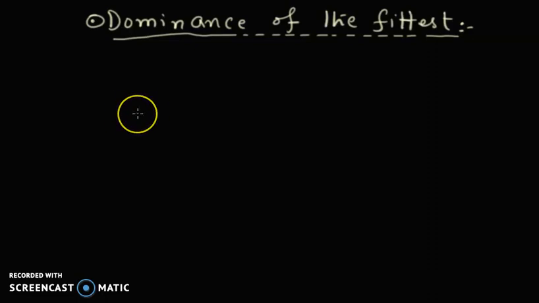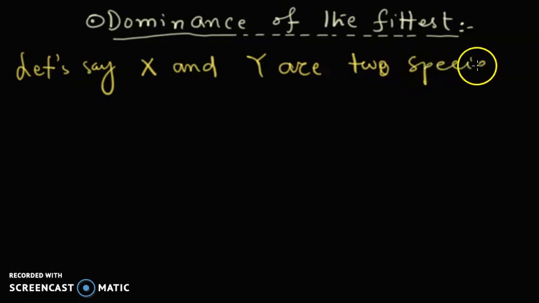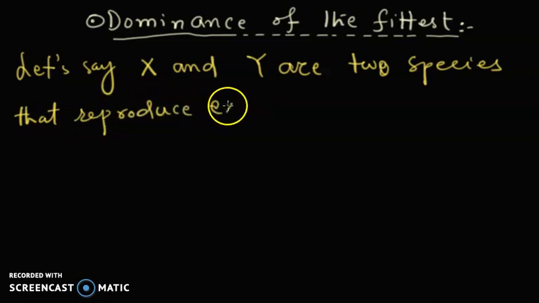Let's consider X and Y to be two species that reproduce exponentially.